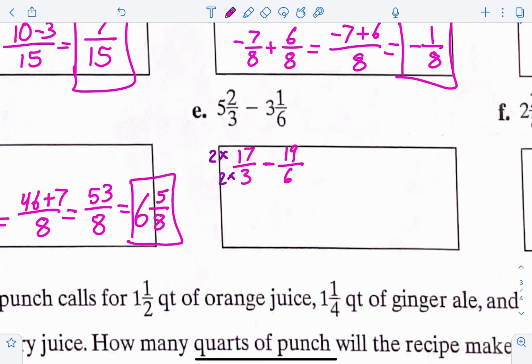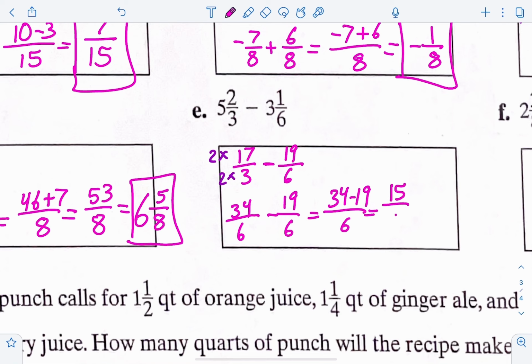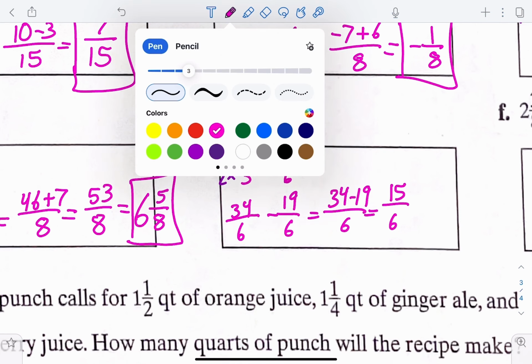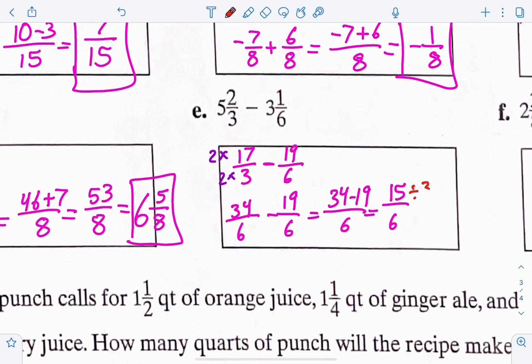And we would end up with 34 over 6 minus 19 over 6 equals 34 minus 19 all over 6, which is really 15 over 6. We could divide this by 3 and get 5 over 2.